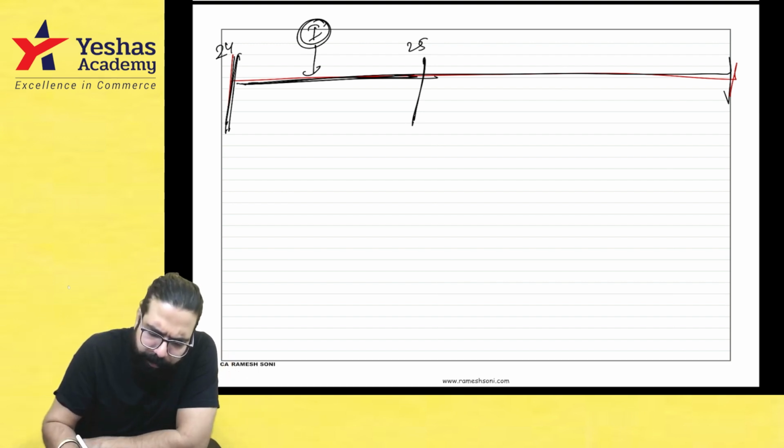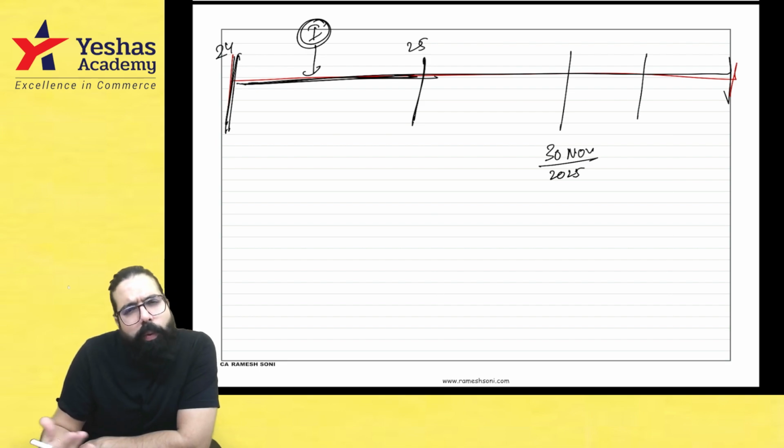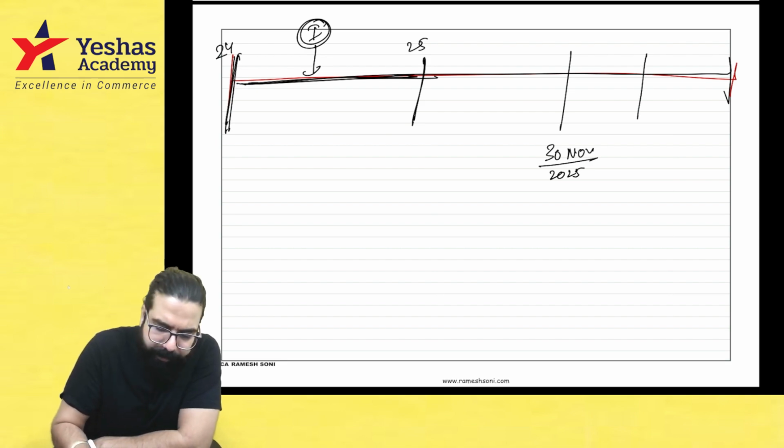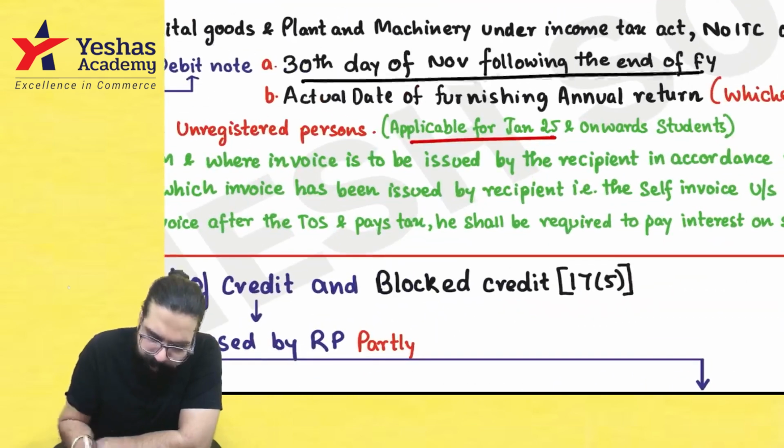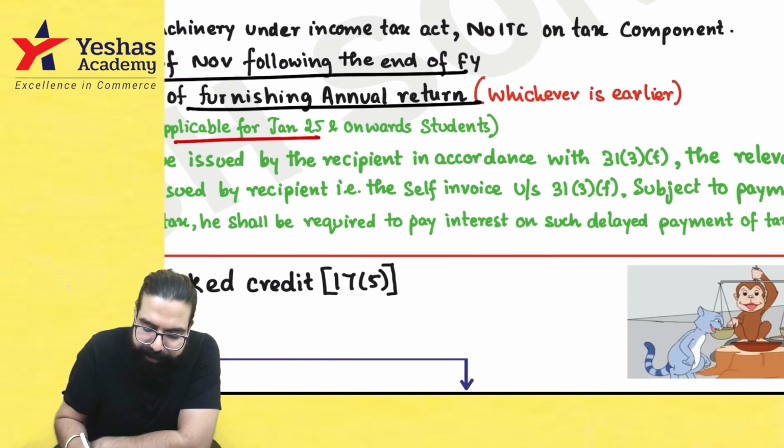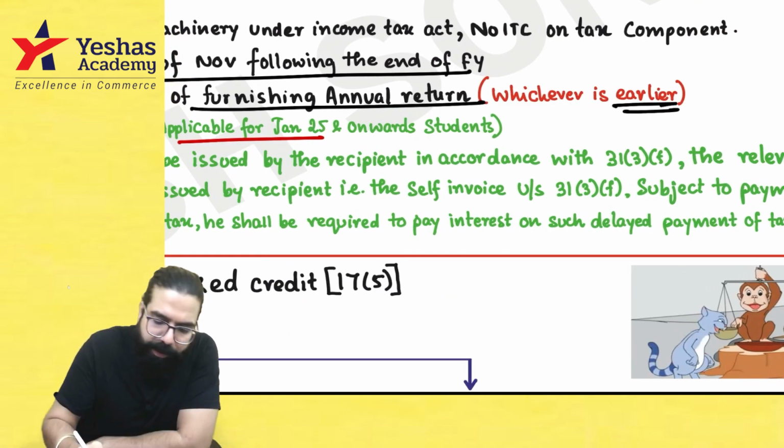Sir, the maximum time limit is 30th November of the next year, which is 2025, or the actual date of filing the annual return, whichever is earlier. Yes, sir, you had told this.